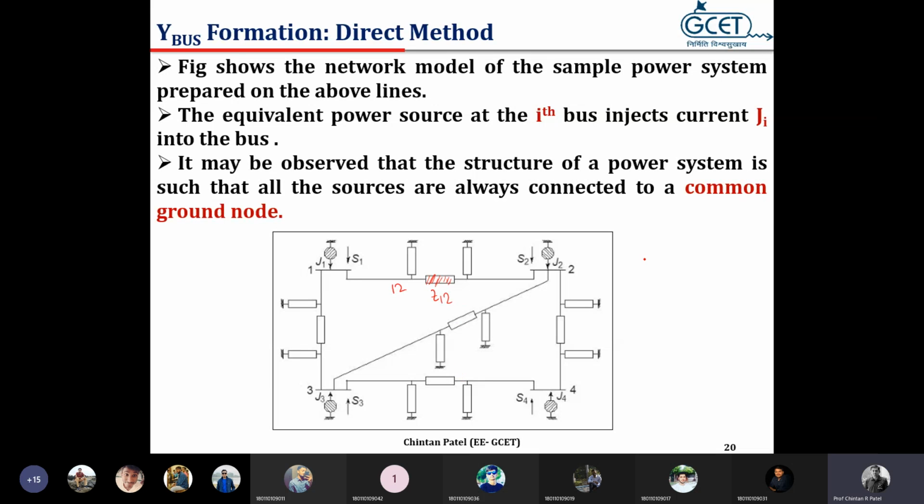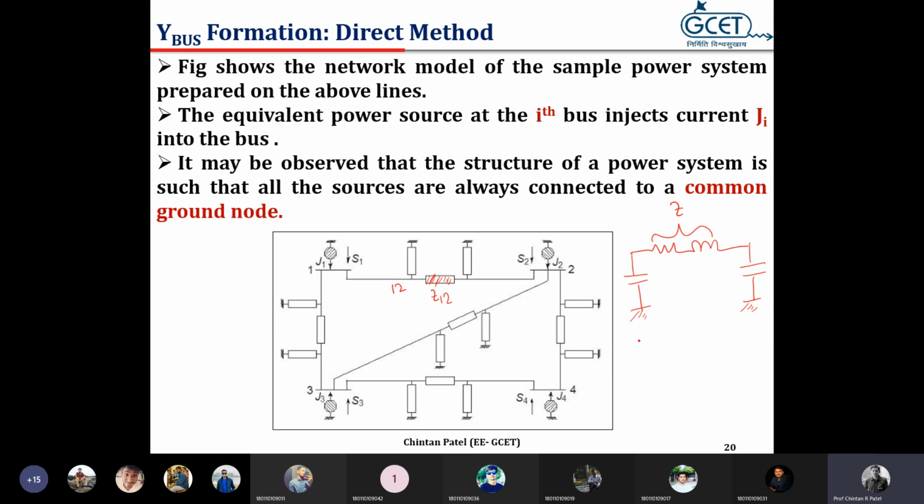You know very well that in a pi network, this is the pi network, this is series impedance, so it is Z, and this is shunt, right? So this series impedance is shown by its reciprocal.